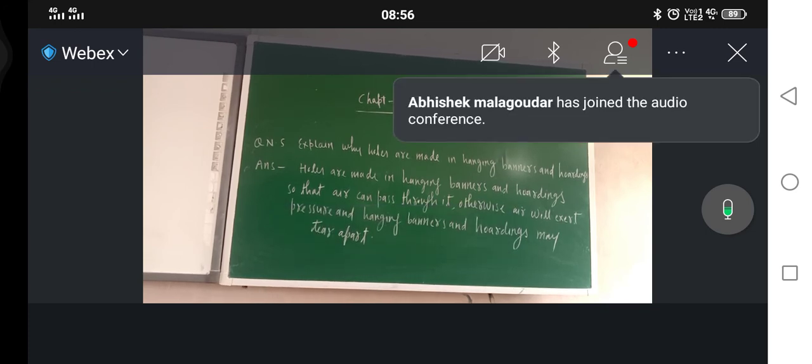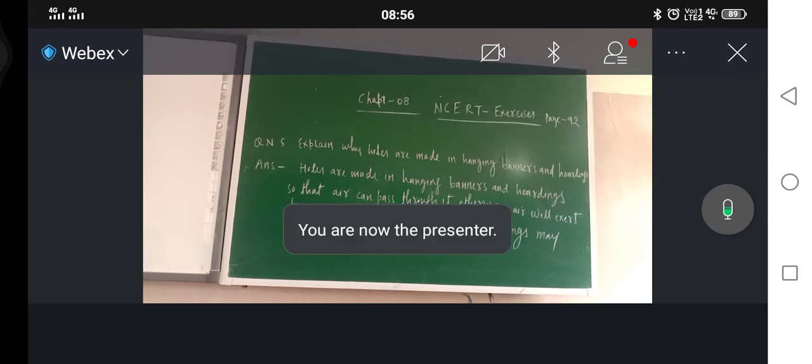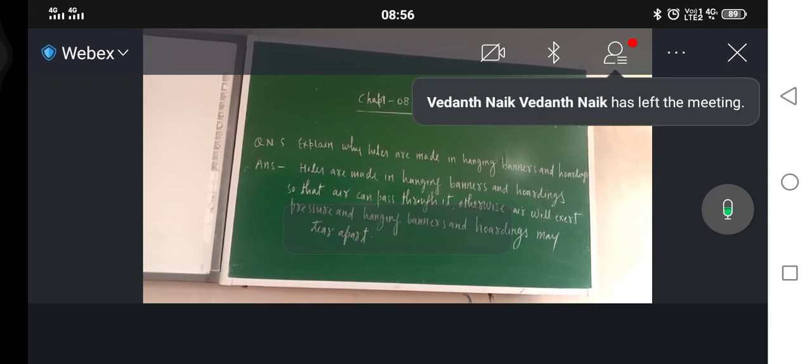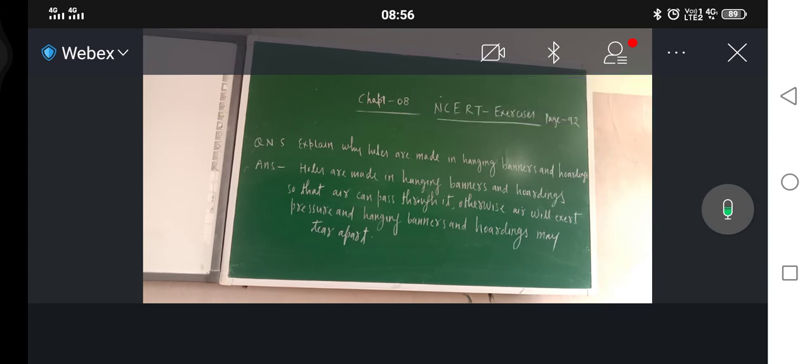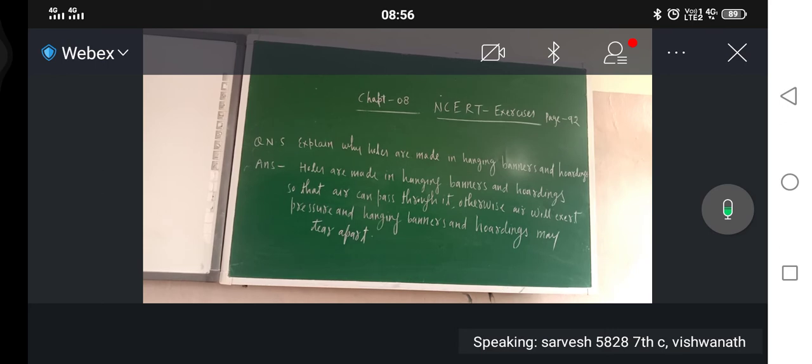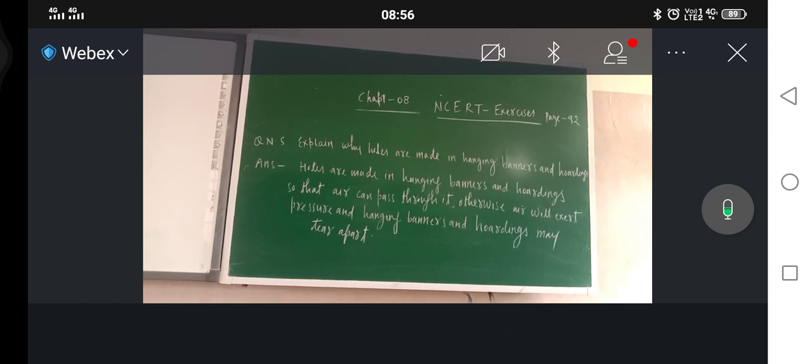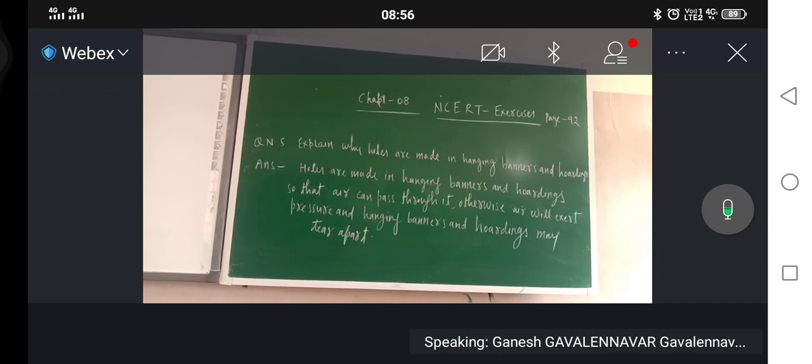So why holes are made in hanging banners and hoardings? Banners and hoardings, do you understand? You just see in the big cities, they are advertising. Now, so many advertisements are there. So big hoardings and banners are there, and in those, small holes are made.